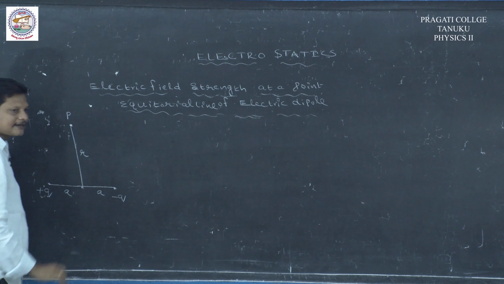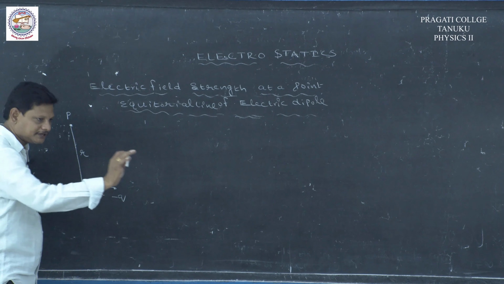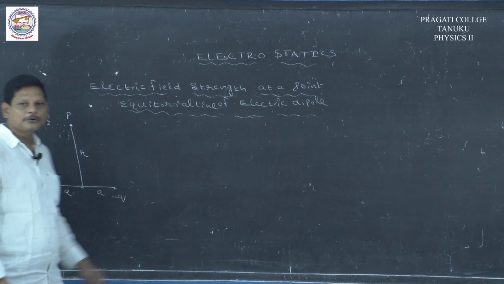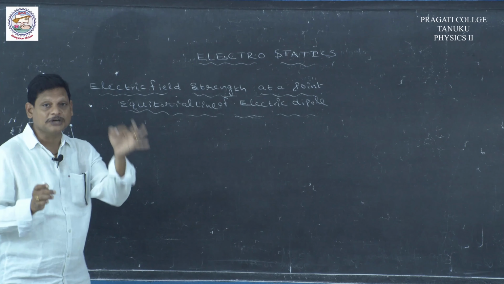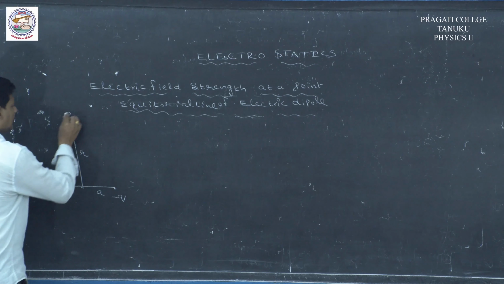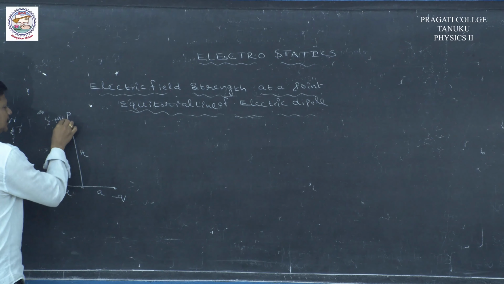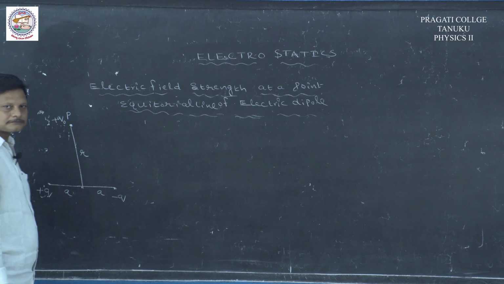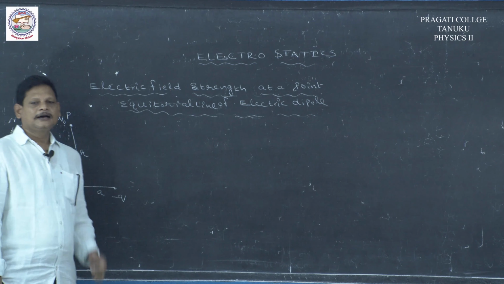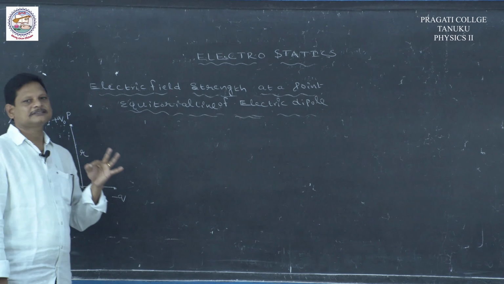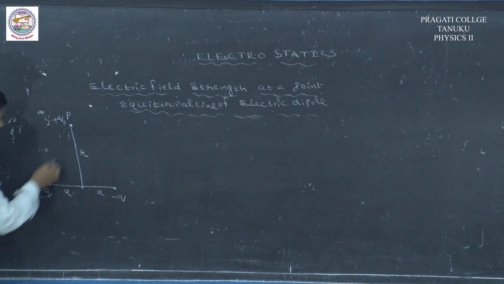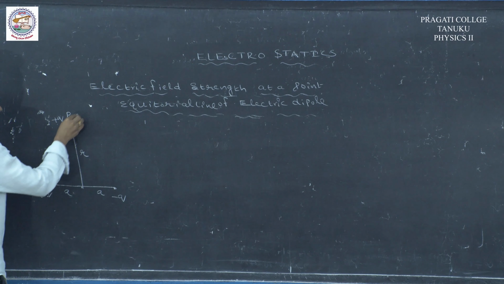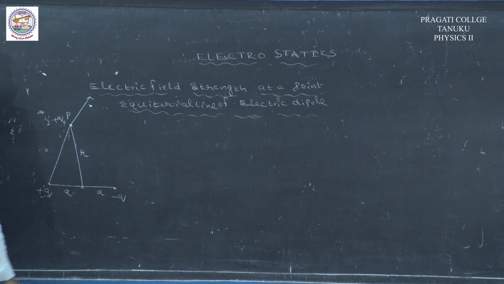So, we want to calculate the electric field strength at point P. For that purpose, we have to consider a unit positive charge at point P. Let Q naught be the unit positive charge. We know like charges repel, unlike charges attract. The positive charge of the electric dipole repels the test charge, and its direction is away from the charge.